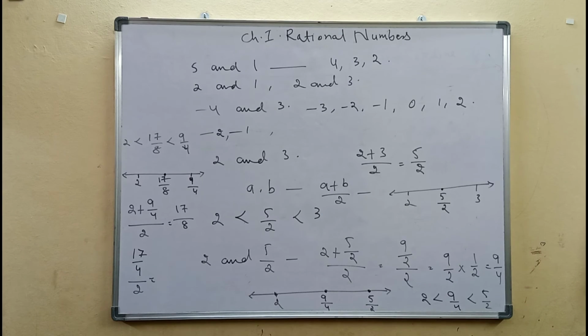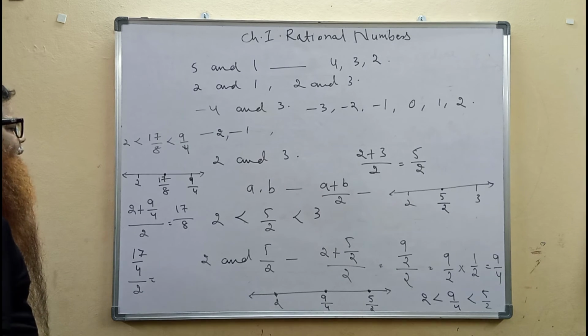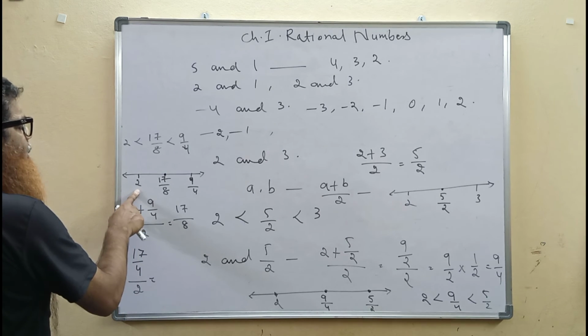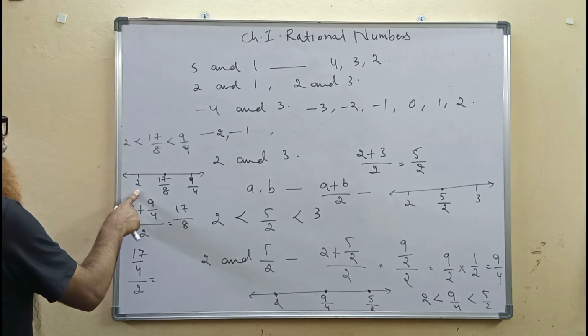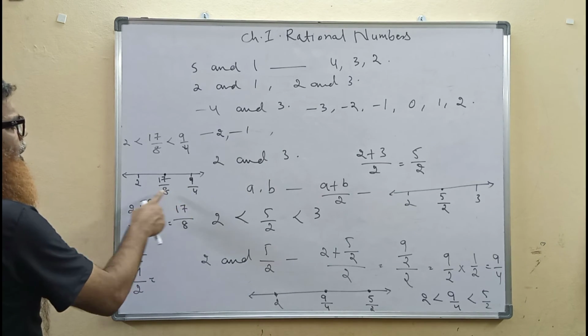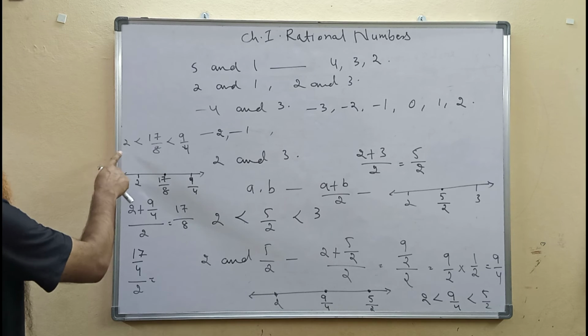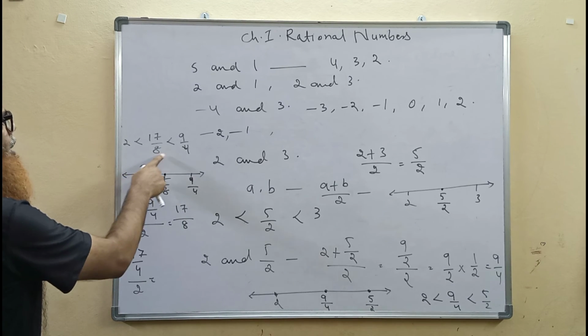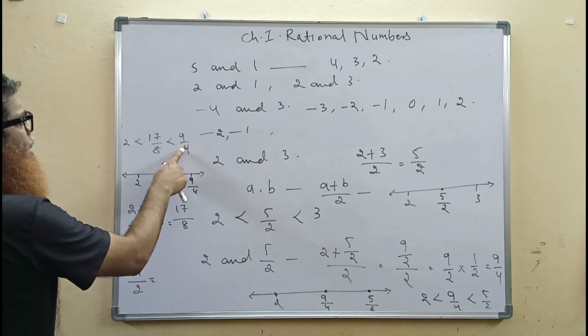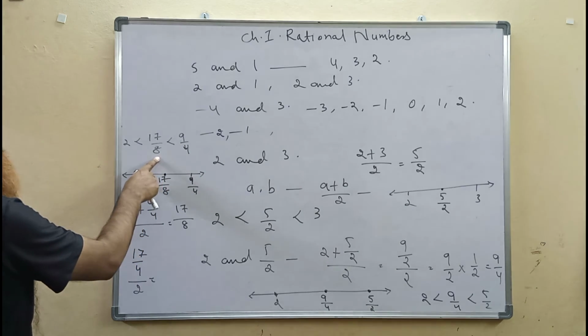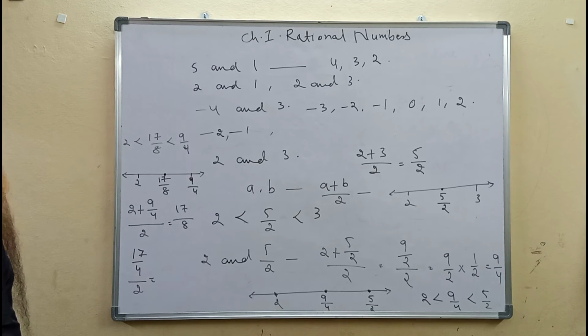So 17 by 8 lies exactly in the center, equally away from 2 and 9 by 4. It is 2 less than 17 by 8 less than 9 by 4.